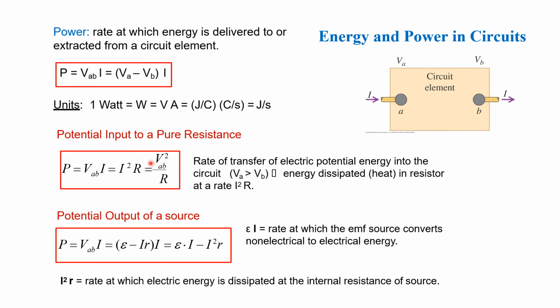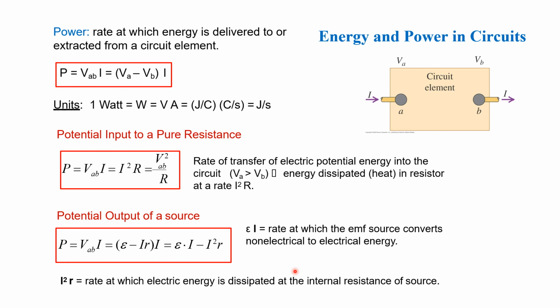And the power input to your resistance is just your terminal voltage times your I, or I squared R, or you can also use VAB squared over R. And the power output of the source with internal resistance is just your epsilon minus IR times I for your terminal voltage, or that's equal to your epsilon I minus I squared R. Here, your epsilon I is the rate at which the source converts non-electrical to electrical energy.